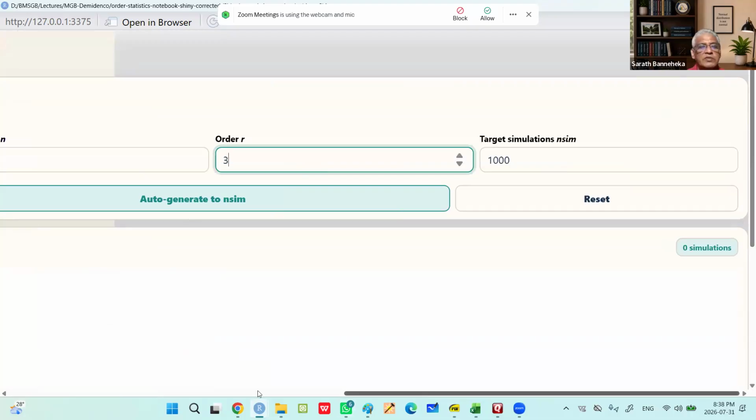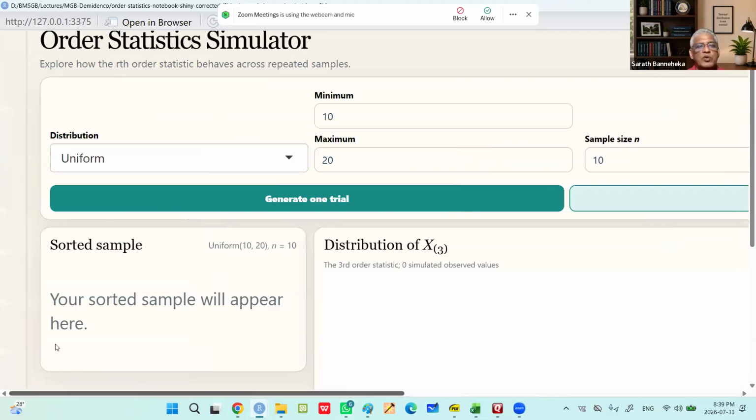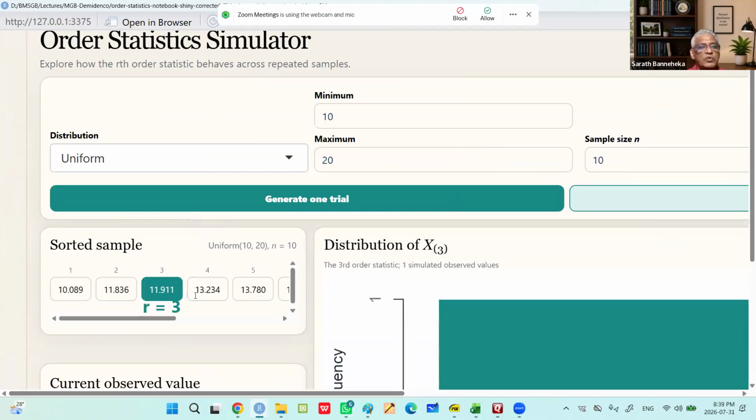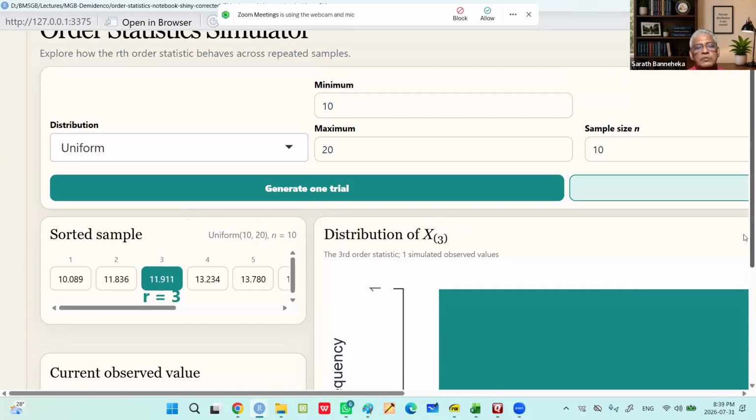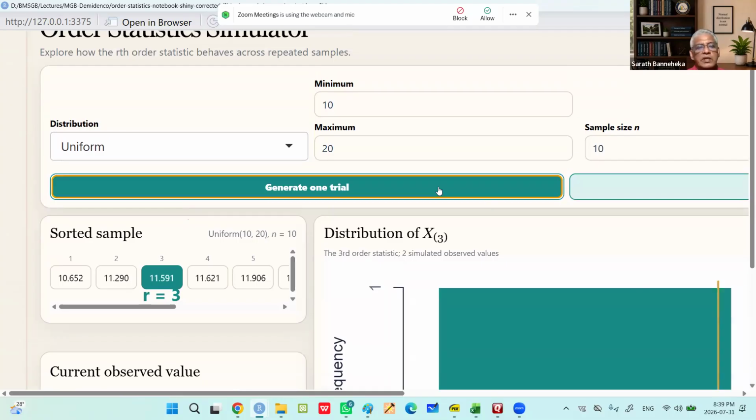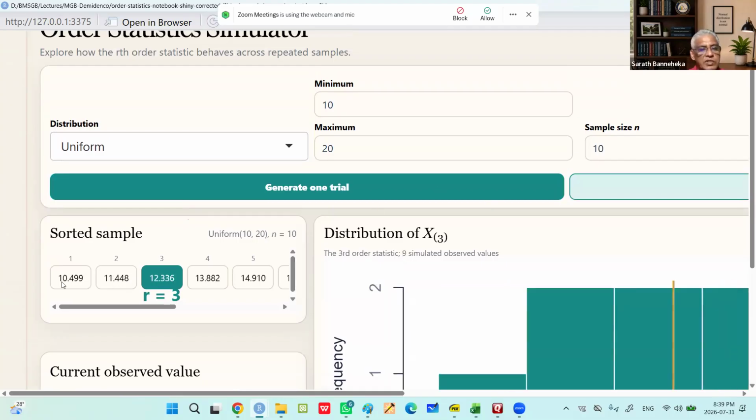reset this. I will now look at, for example, the third order statistic. I will still be generating data from the same uniform distribution. So I'll start generating. Here I'm considering the third minimum value, after putting the data in increasing order. In this case, the value is 11.911, the third value. If I do it again and again, you will see that the sample is changing, the third value is changing.